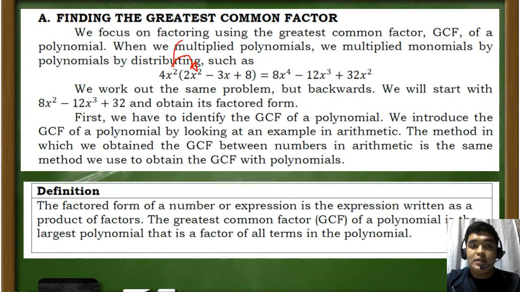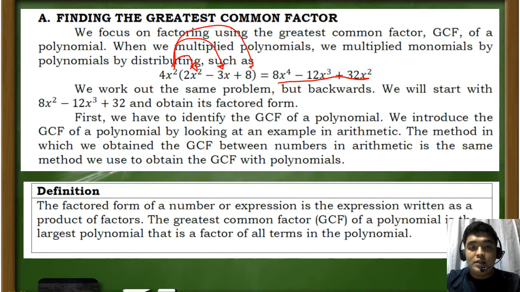Then 4x squared times minus 3x is minus 12x cubed. Then 4x squared times 8 is 32x squared, since we don't have a variable there. That is the distribution: you distribute the monomial to the polynomial.